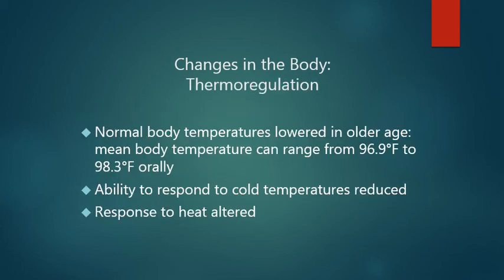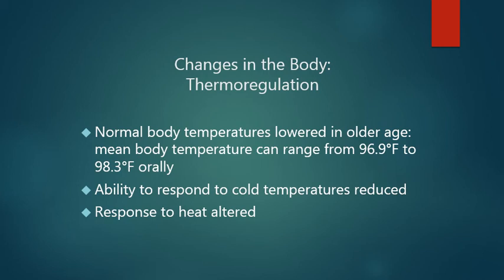Normal body temperatures in the older are lower, and so if they come to you and you say, have you had a temp? And their temp may have been 99.1 for 4 days.